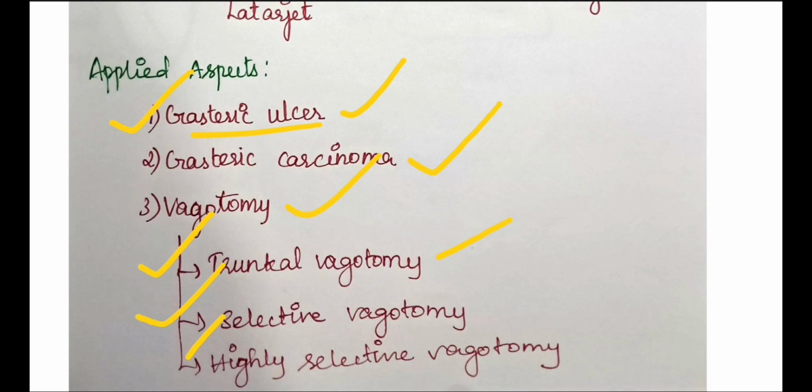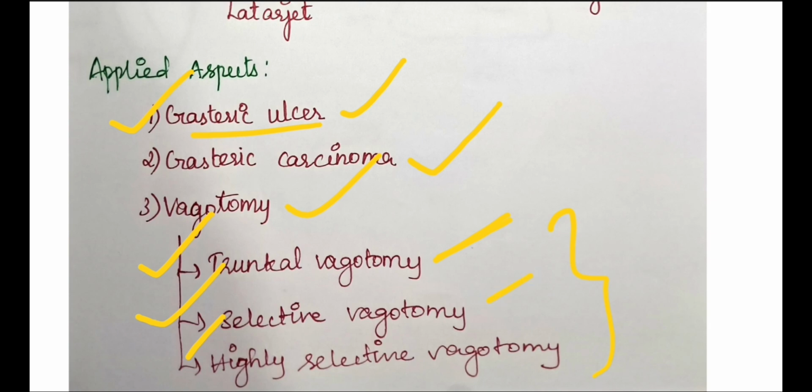Truncal vagotomy involves cutting of the vagus nerve. It is subdivided into these 3 types based on the position of the cut of the vagus nerve. Okay. In truncal vagotomy, the vagus normally divides into hepatic and celiac branches, so before giving these branches, the vagus nerve will be cut.